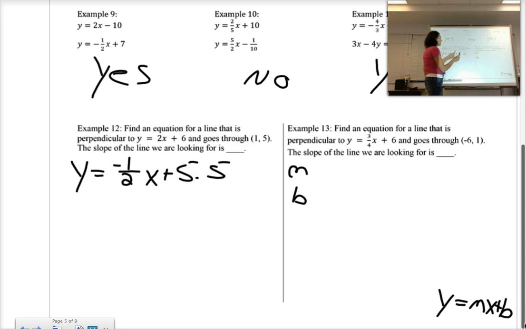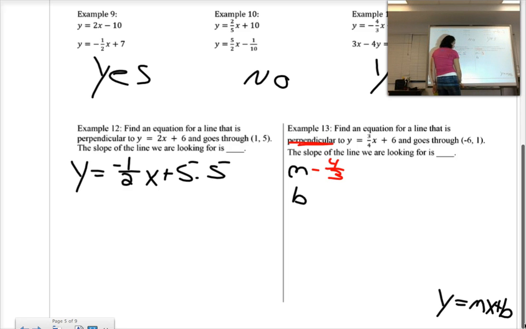Now again, this is saying that we want perpendicular lines. Well, the old slope is 3/4, so my new slope is going to be the opposite reciprocal, -4/3. And then we have b, which we don't know, so we're solving for b.